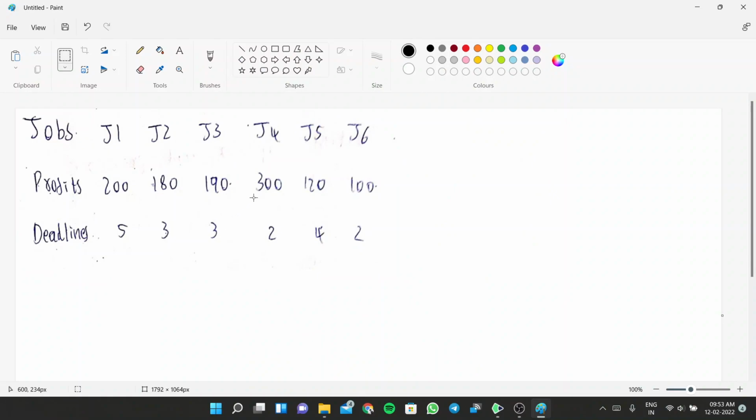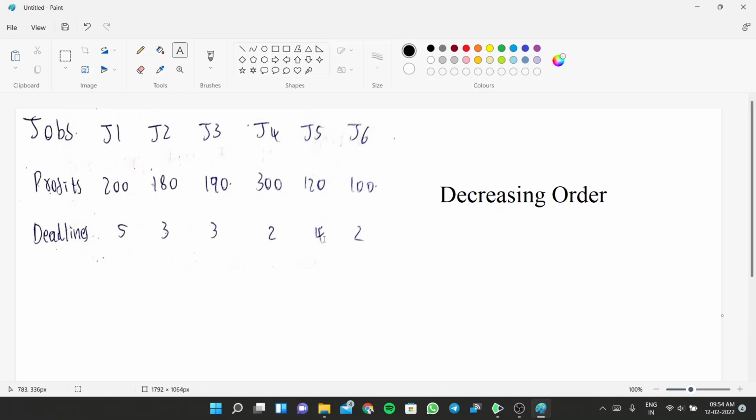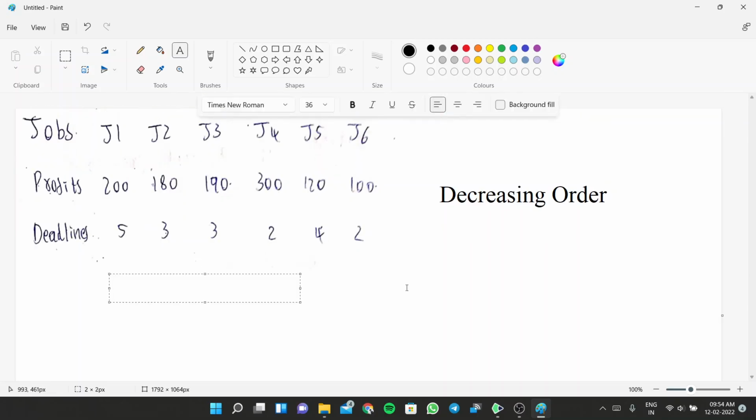So the first thing we need to do is arrange the profits in decreasing order. So I will write the values like this: 300, 200, 190, 180, 120, 100.